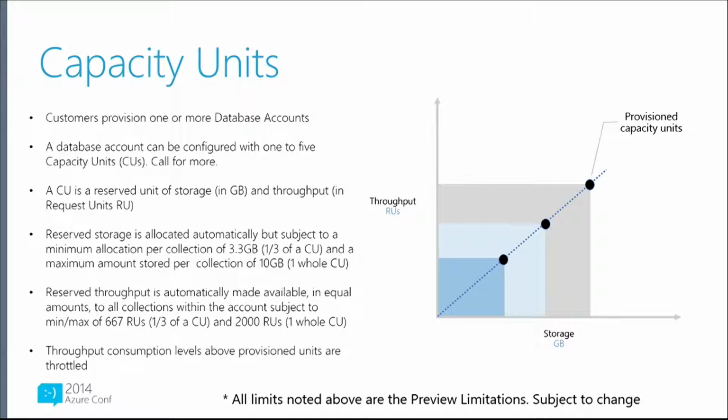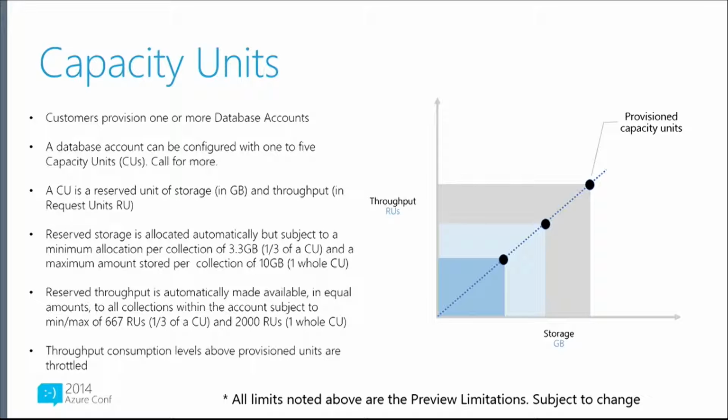And the collection is basically our unit of scale. So the reserved storage gets allocated automatically across those collections, but it's subject to effectively a minimum amount of 1/3 of the capacity unit per collection and a maximum amount of 10 gigabytes, the whole capacity unit per collection.